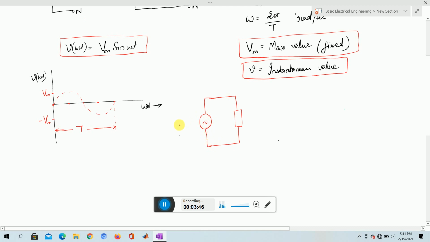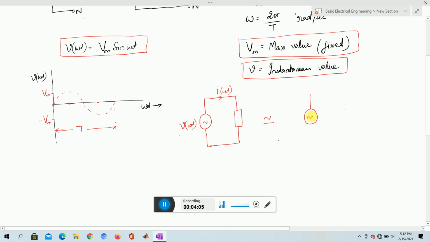Let us say this is v of omega t, and obviously the current that we get will also be in this form, and whatever the load is, we do not know. So can we have an equivalent representation of it?